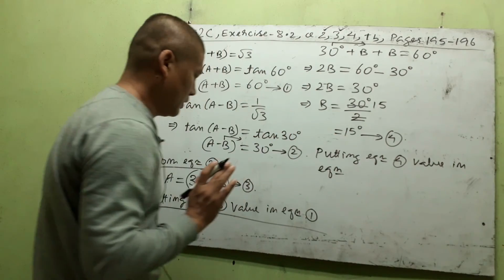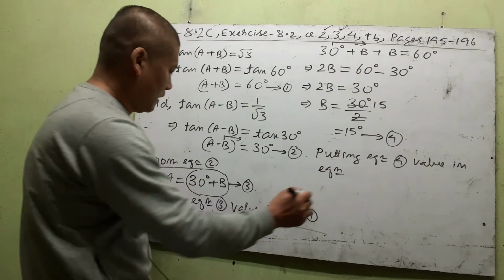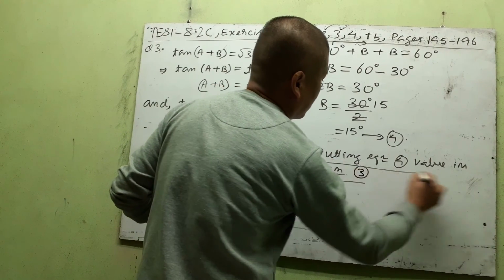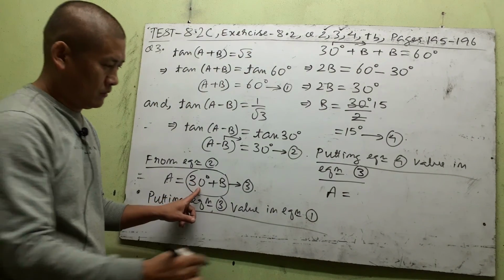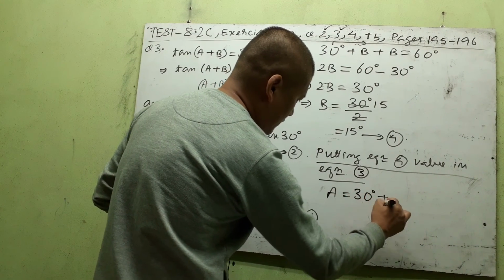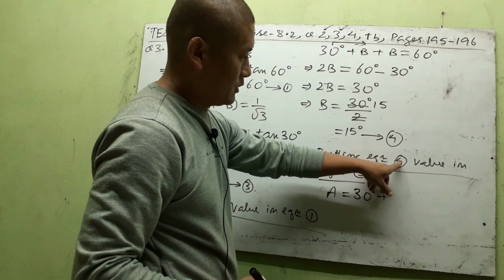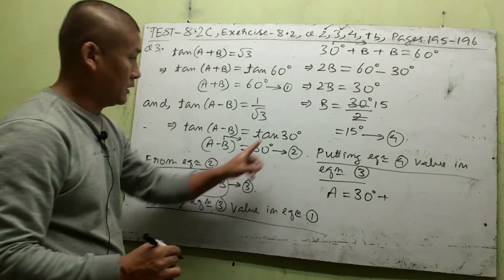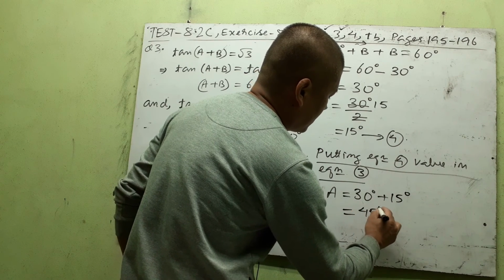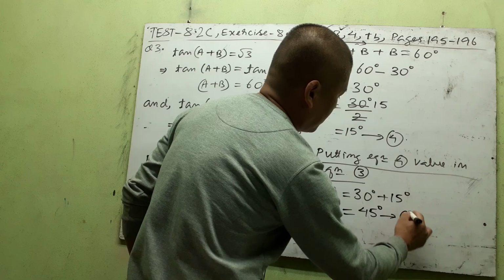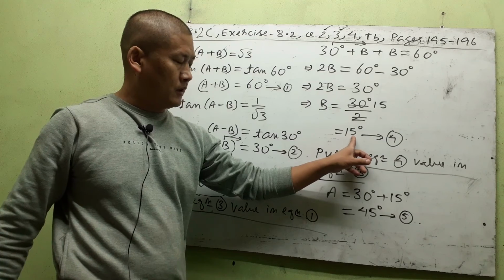You can put it in any, but the one I arranged to find a is this one, equation 3. So a will be equal to 30 degrees plus b, which can now be replaced by the equation 4 value. So b is 15, and 30 plus 15 is 45 degrees. Let's put this as 5. So we got a value 45 degrees and b value 15 degrees.